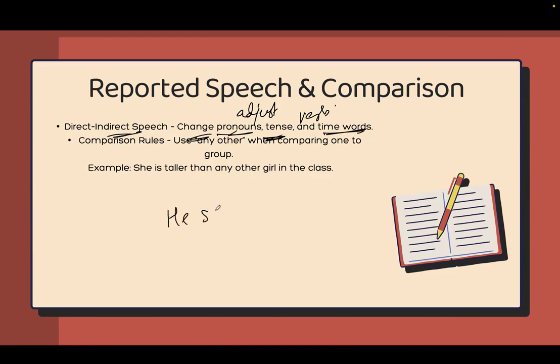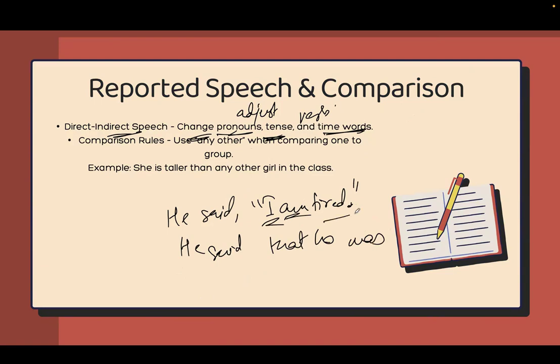For example, he said, I am tired, okay? If I change this into indirect speech, I need to write it like this. He said that he was tired, right? I need to remove the inverted commas, remove the comma, and change the pronoun and the verb.